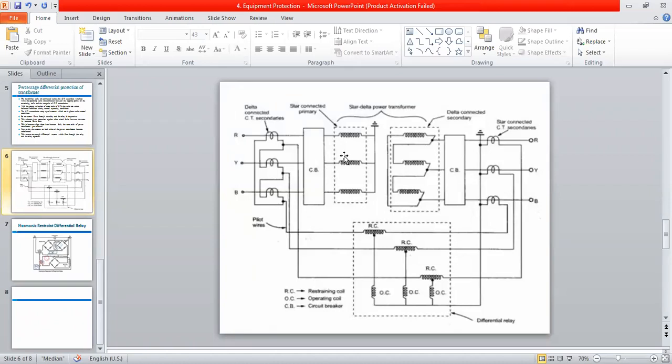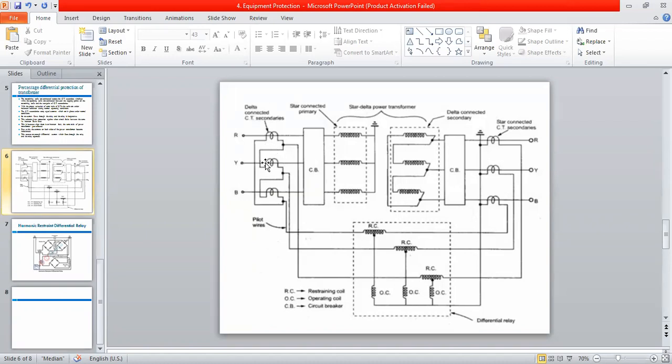Now we are connecting the circuit breakers. We are connecting circuit breakers to both sides of this transformer, that is primary side and secondary side. And also there are current transformers, that is CTs. So this CT is for the primary side.